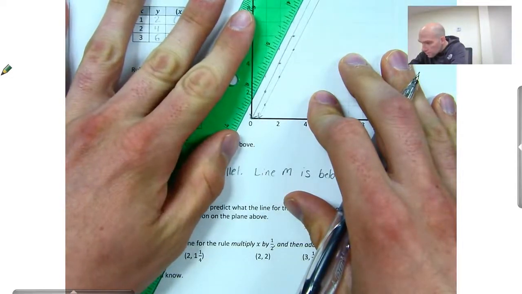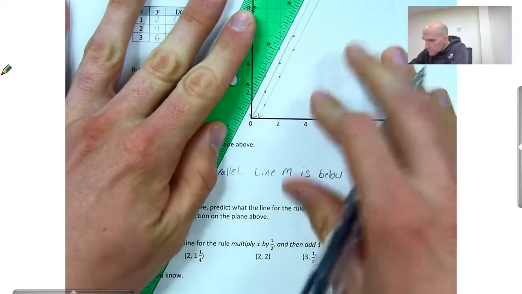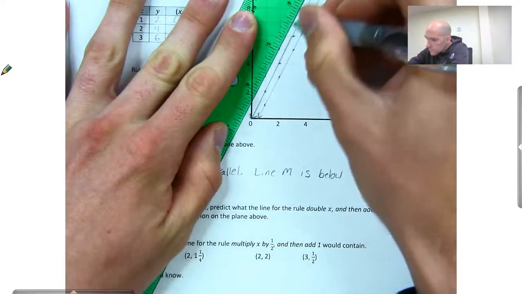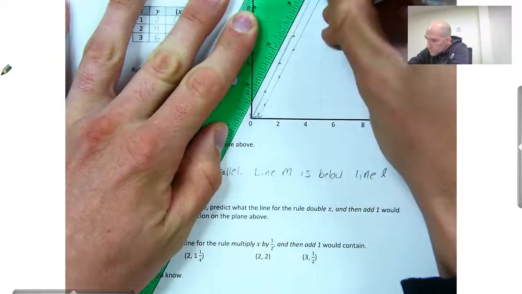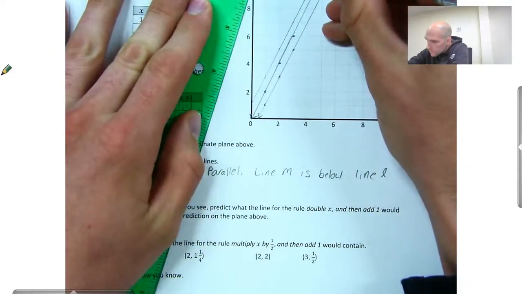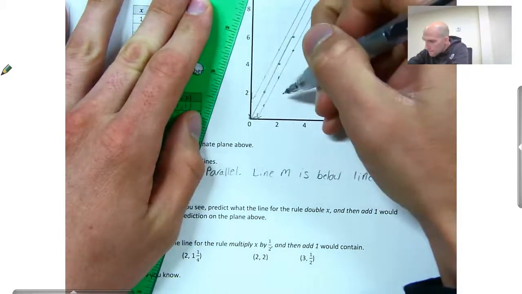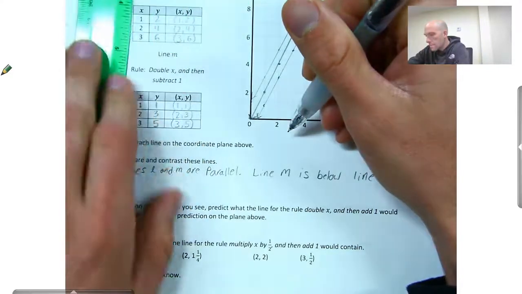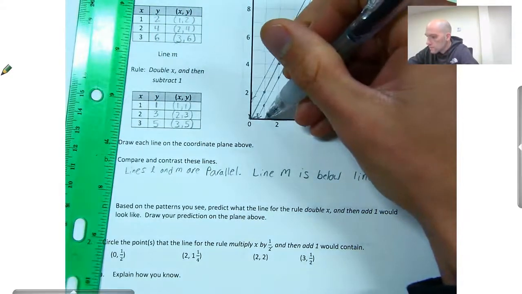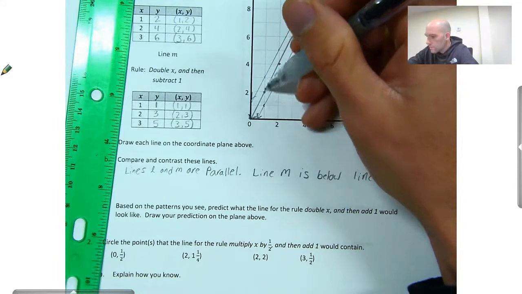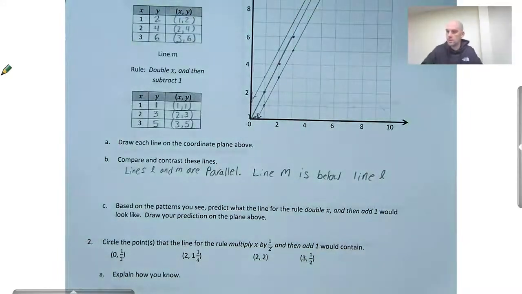So that would look something like this. All right. So it looks something like that, because everything's going to move up by 1 here.